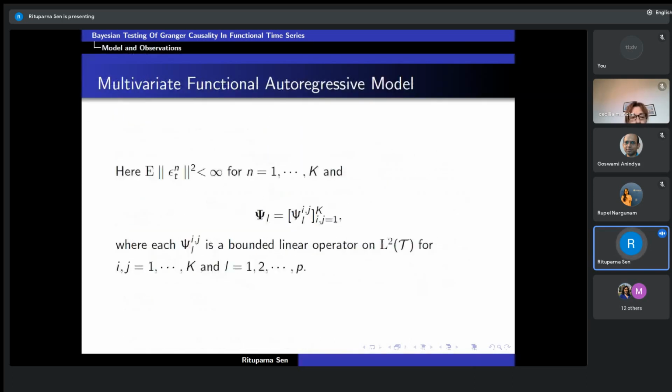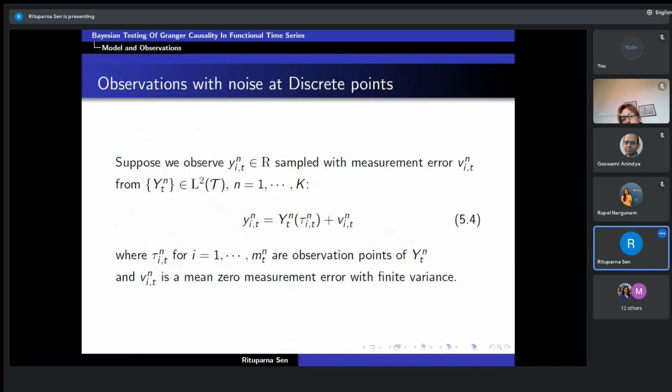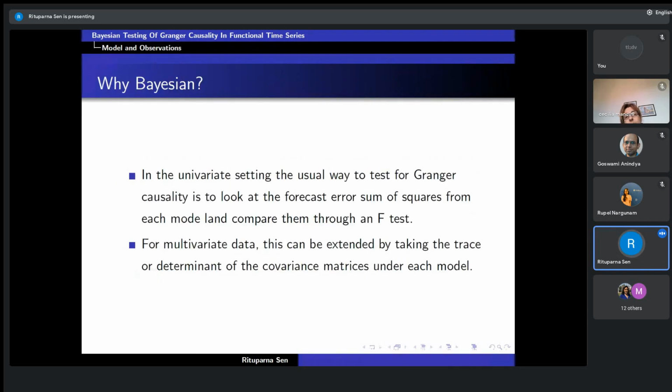But now I have these covariance matrices, but they are infinite dimensional matrices, right? Because each of these is a function. So I really have these covariance functions. So for multivariate, one can extend the univariate F-test by taking, say, the trace or determinant. And this kind of works for low dimensions.